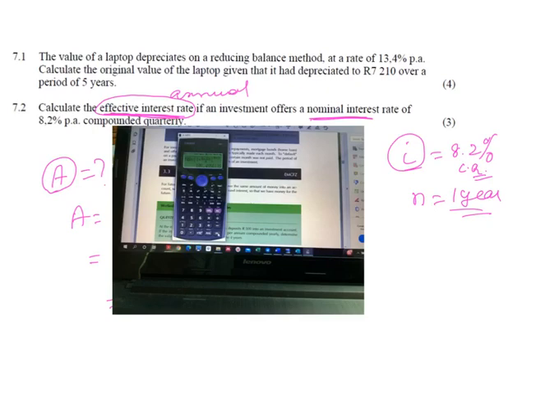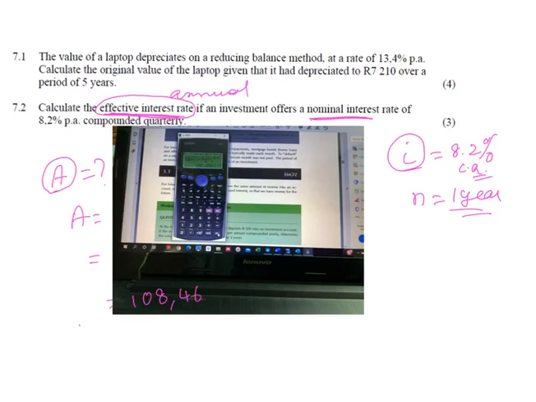So I input this value in the calculator, and the calculator gives 108,45. You can see that. So I got the answer as 108,46 rounded off to 2 decimal places. So this is my amount.